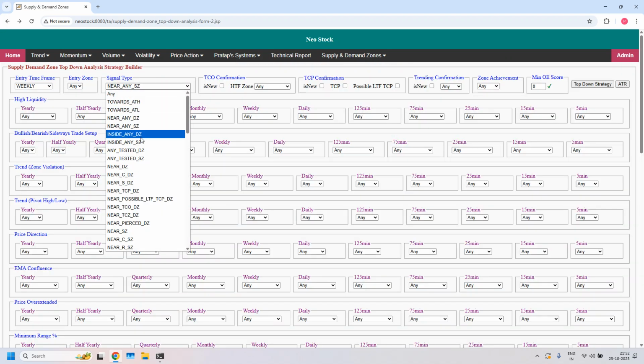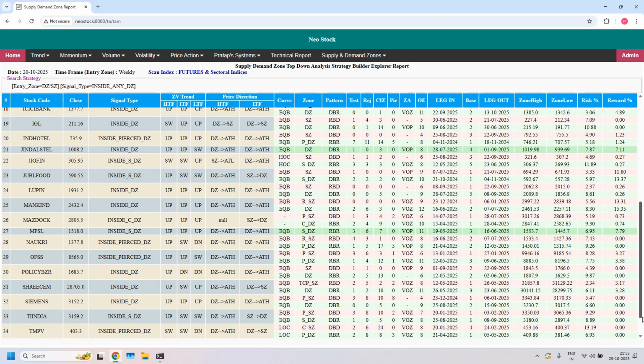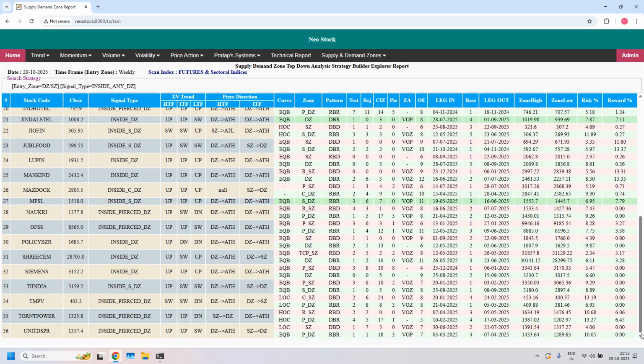Next, price closed inside the weekly demand zone. First 18 stocks in the list. Scrolling the list down, total 36 stocks are filtered.